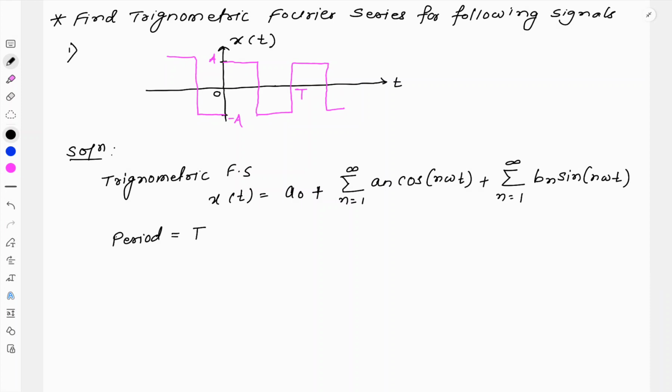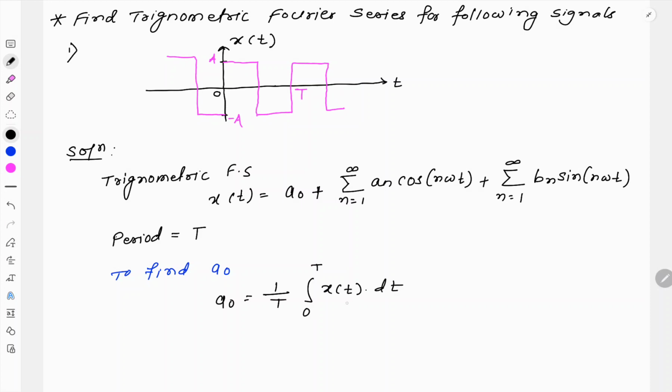Now we need to find out the coefficients. Let us start with the first coefficient, which is a0. We have the formula for a0 as 1 by T integration 0 to T x of t dt.